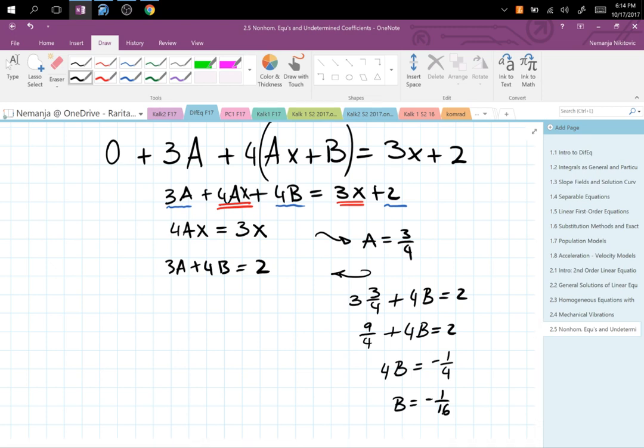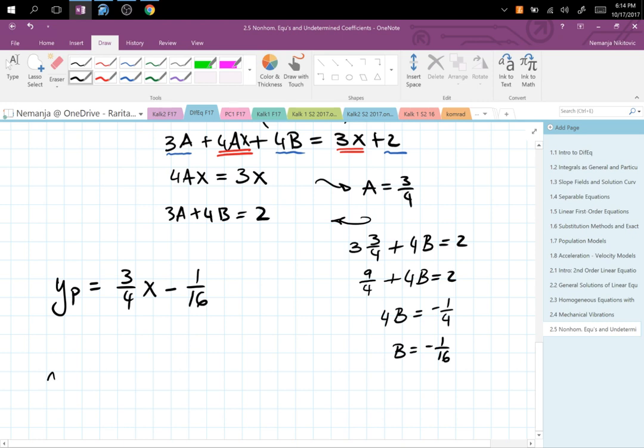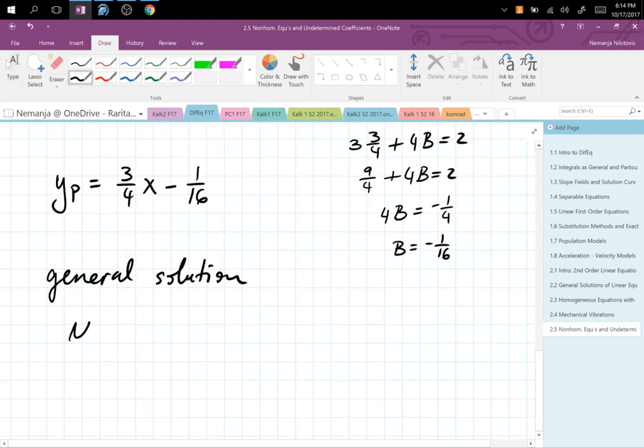So the particular part, yp, is going to be 3/4 x minus 1/16. So what is the general solution now? General solution, y of x, is going to be yh plus yp.